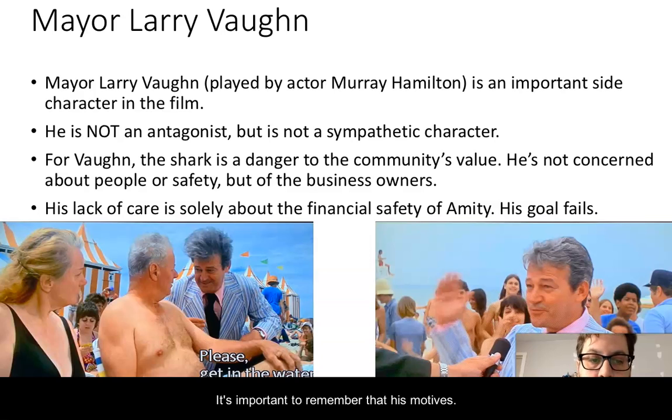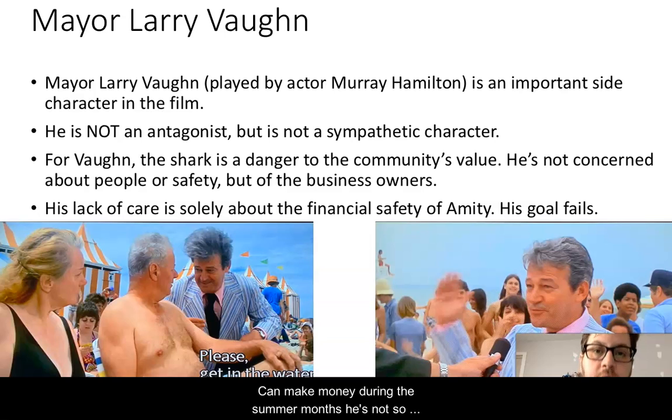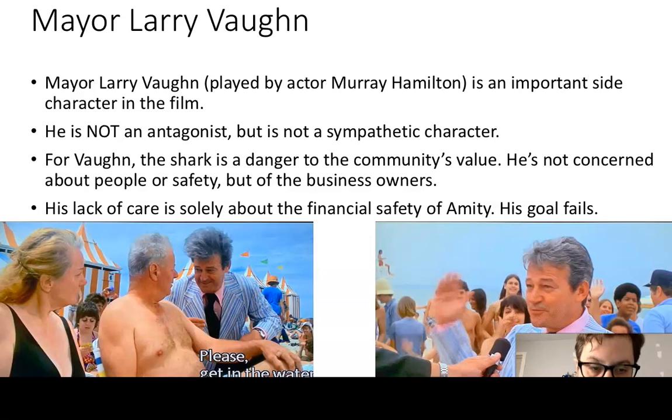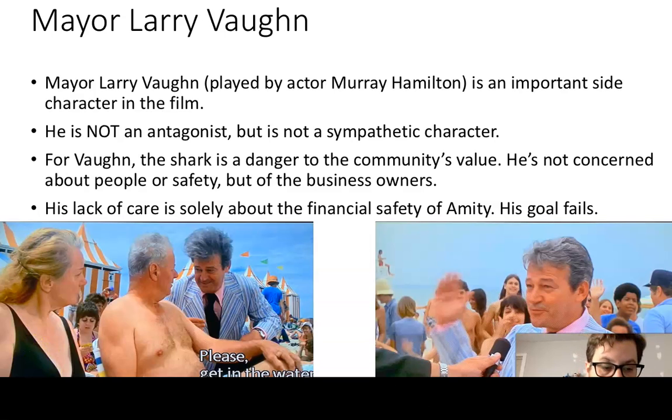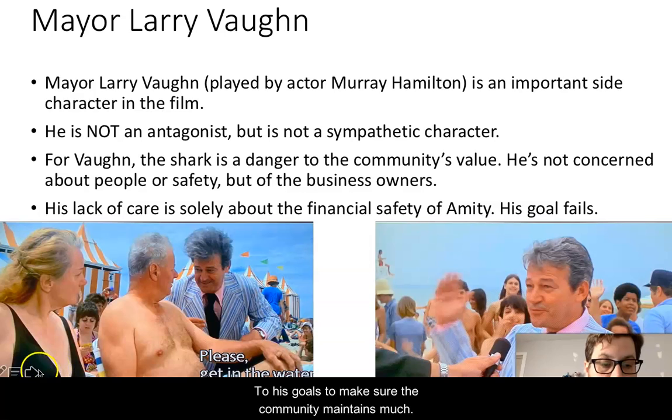And it's important to remember that his motives are purely financial. He's there so that the business owners can make money during the summer months. He's not so worried about the health and safety of Amity Island. His care is only about how the shark represents an antagonist to his goals.